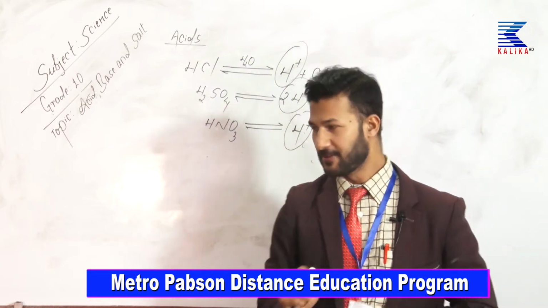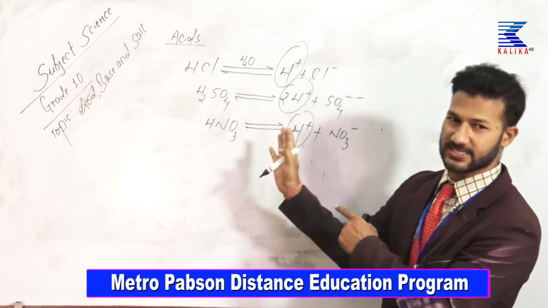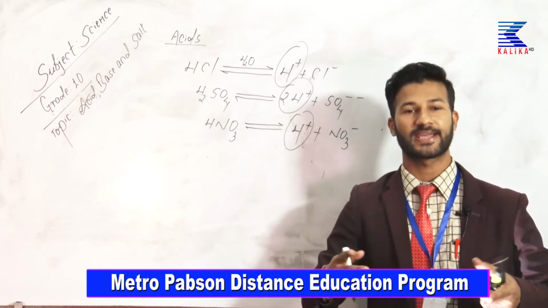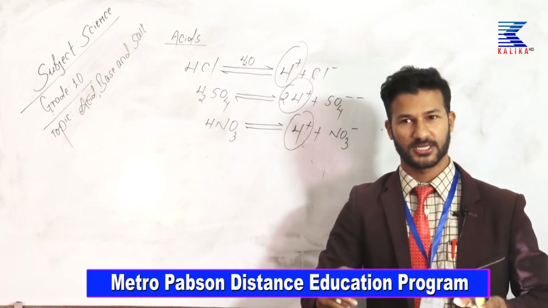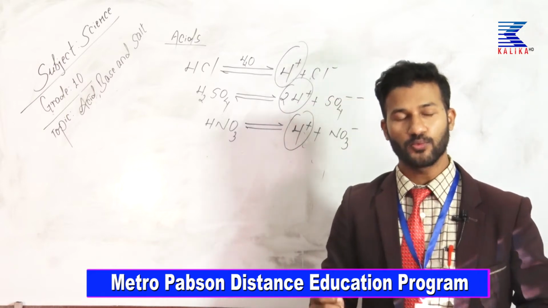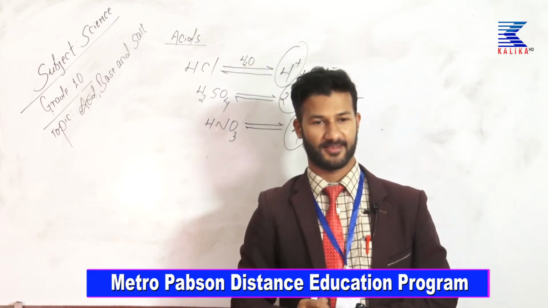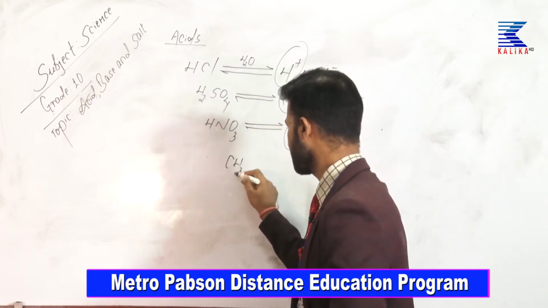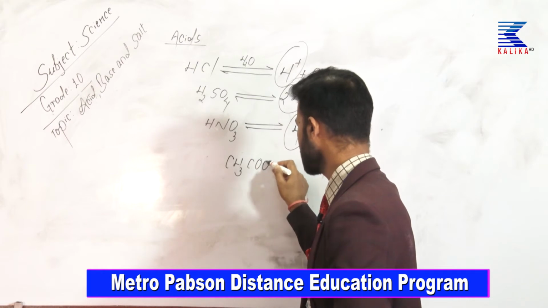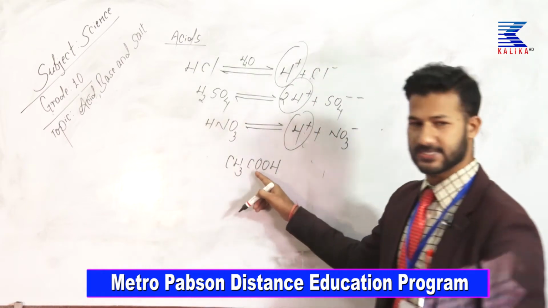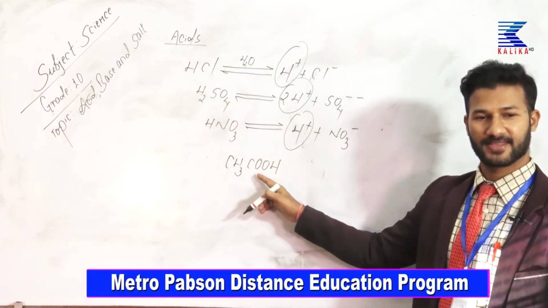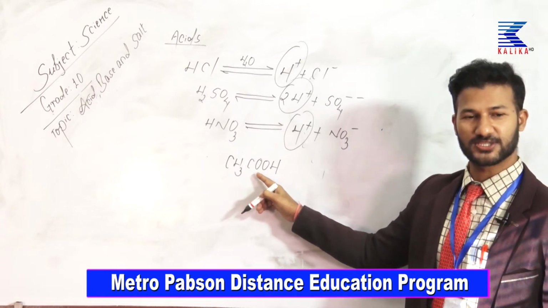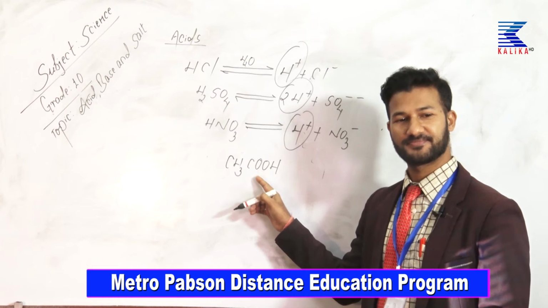Most interesting. Let me take one more acid that is not mineral but organic, but a poor acid, I mean to say weak acid. See, let me write here, focus here carefully, CH3COOH, acetic acid. This is one of the weak acids.